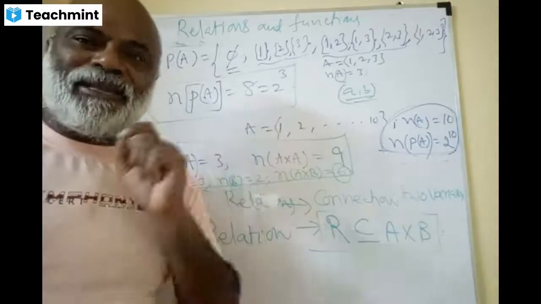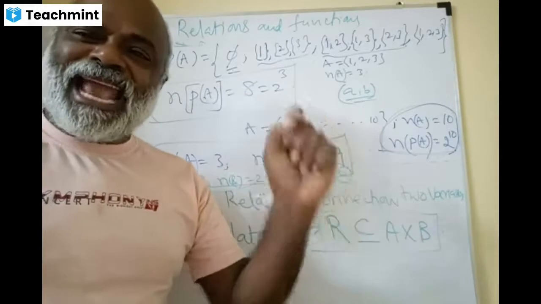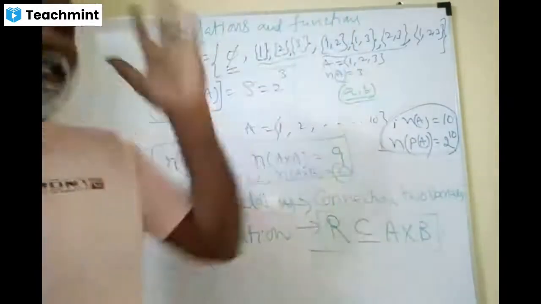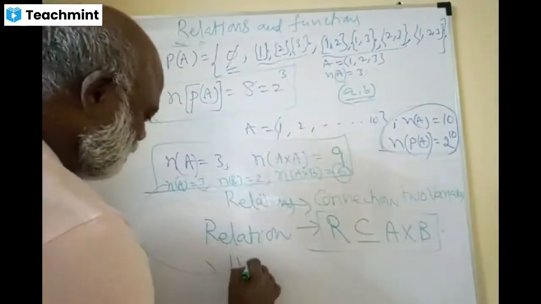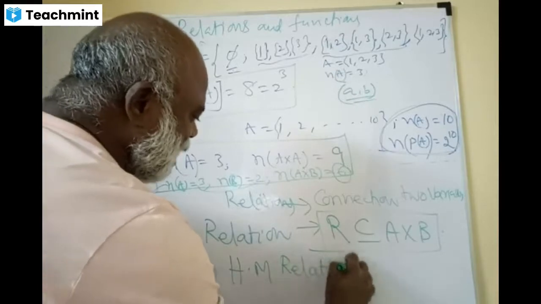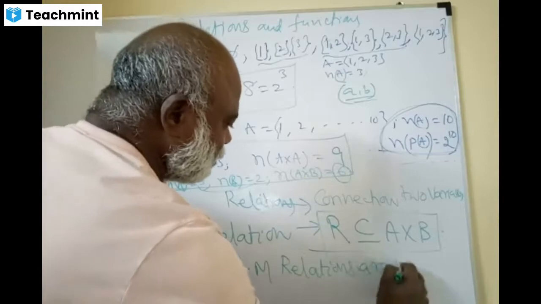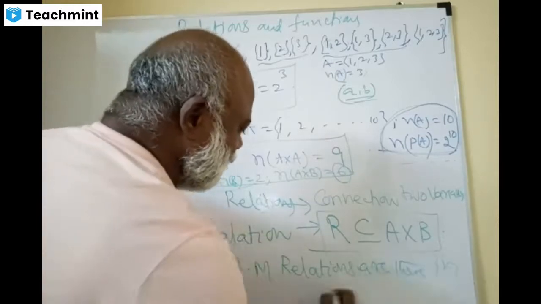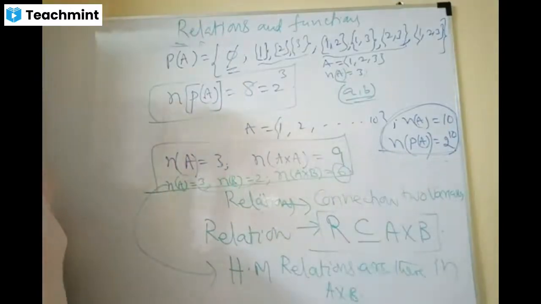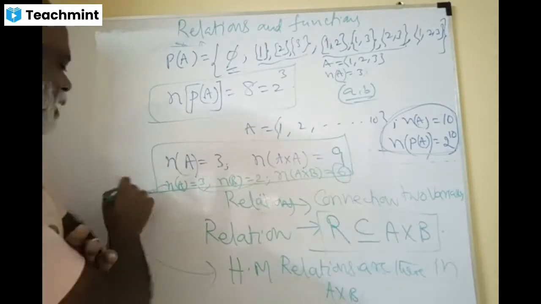Now please tell me how many relations are there in A cross B? Please, anybody? How many relations are possible? Question, this one I am taking now.